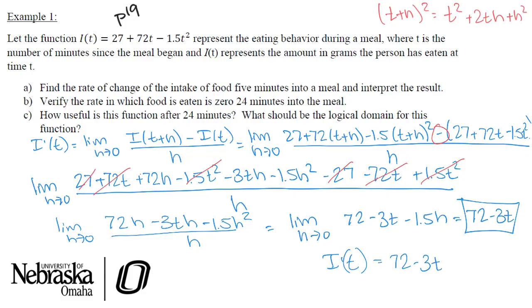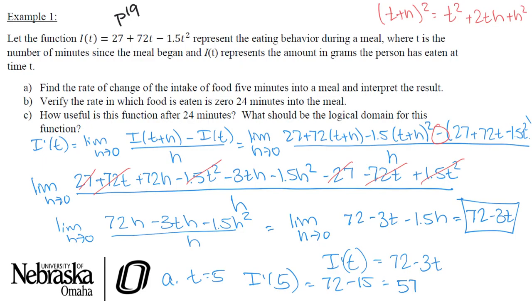So part A asks us to find the rate of change of the intake of food 5 minutes into a meal and interpret the result. What we want to do is plug in t equals 5. So we want I prime of 5, which is 72 minus 15, since 3 times 5 is 15. So we get 57.